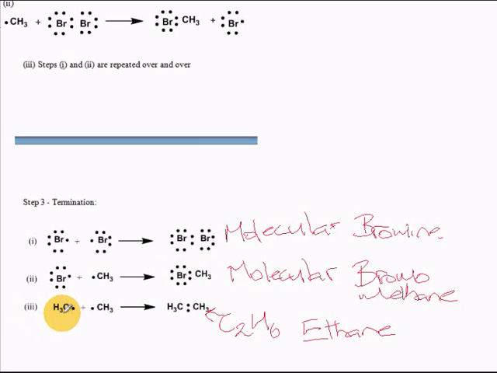We also have 2 methyl radicals bonding together, and when that happens we end up with C2H6, which is ethane. This is termination, where basically the reaction grinds to a halt, and we have a lot of settling down where all of the bonds take place, and we get stable molecular products.